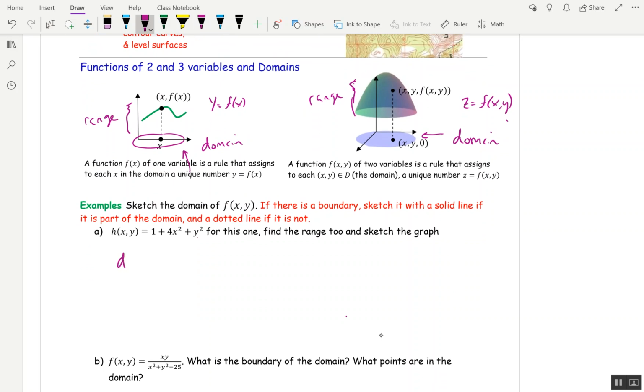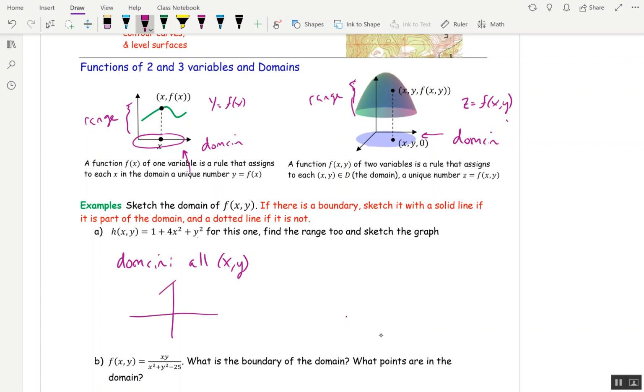So the domain is all xy because there are no fractions, so we can't run into trouble there. There's no square roots, there's no logarithms. Nothing could go wrong. We can put any x in, any y in, and our function will be fine.